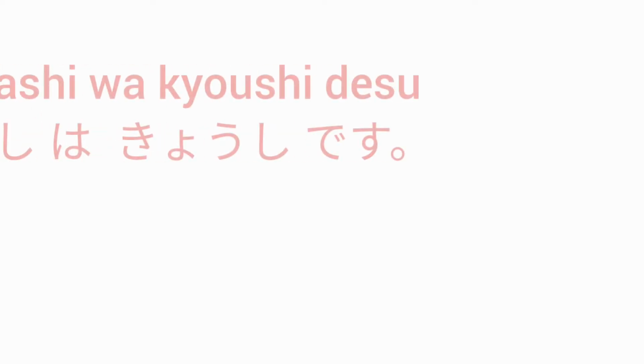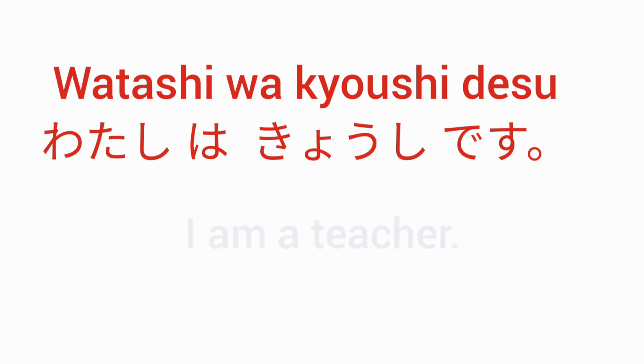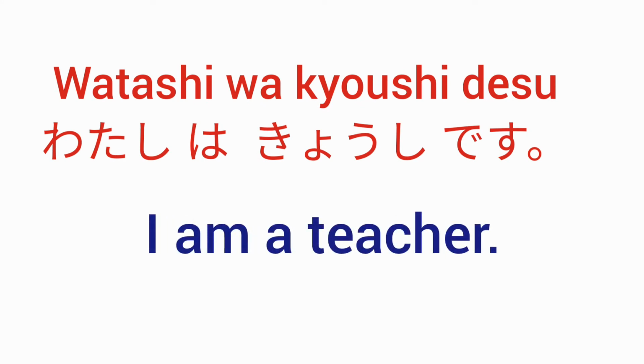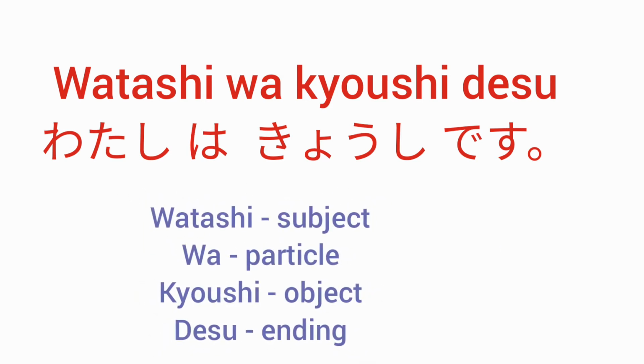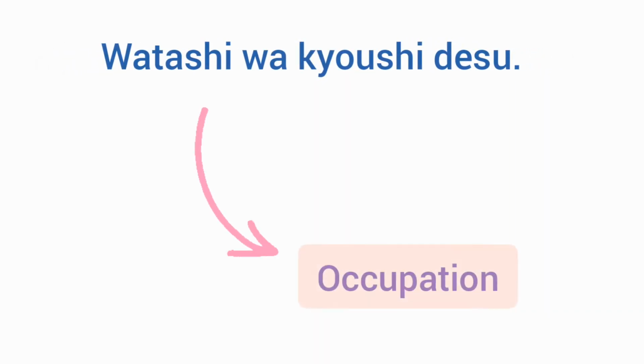So, watashi wa kyoshi desu means I am a teacher. Here watashi is the subject, wa is the particle, kyoshi is the object, and we write desu at the end of the sentence to finish the sentence. This example talks about occupation.